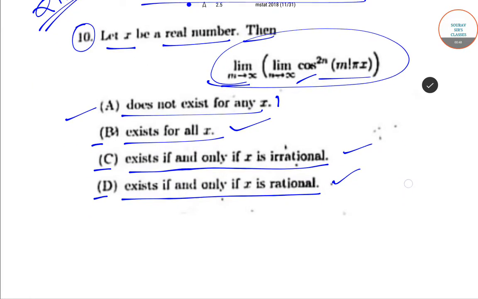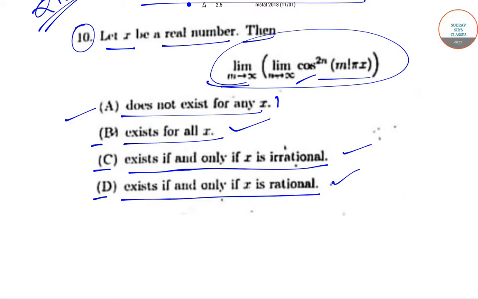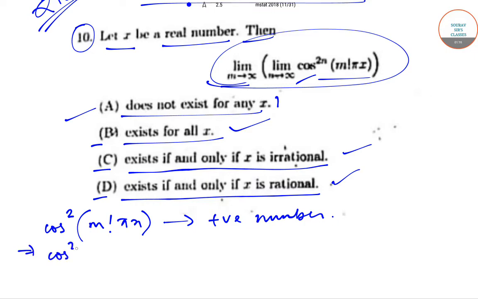Now we know that cos square m factorial pi x is always a positive number. So this implies that cos of twice n m factorial pi x is also a positive number.